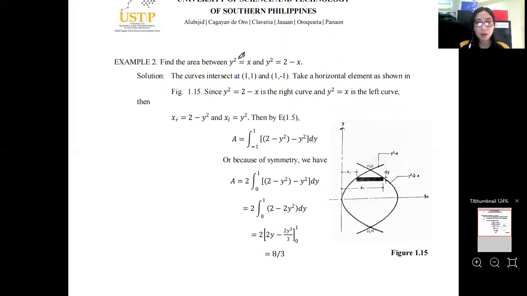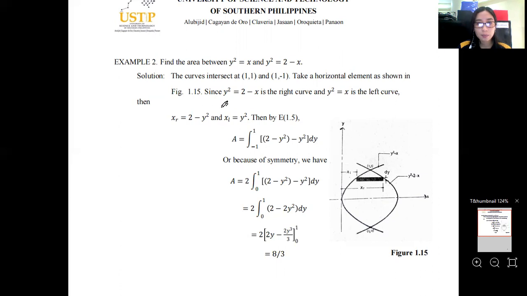Find the area between y squared is equal to x and y squared is equal to 2 minus x. Okay, so from the given, if you visualize it, see where it is easier to solve, whether using a vertical strip or a horizontal strip. Here in my solution, I used a horizontal strip, because it is easier. So depending on the equation, whichever is easier to solve, you can use horizontal or vertical.